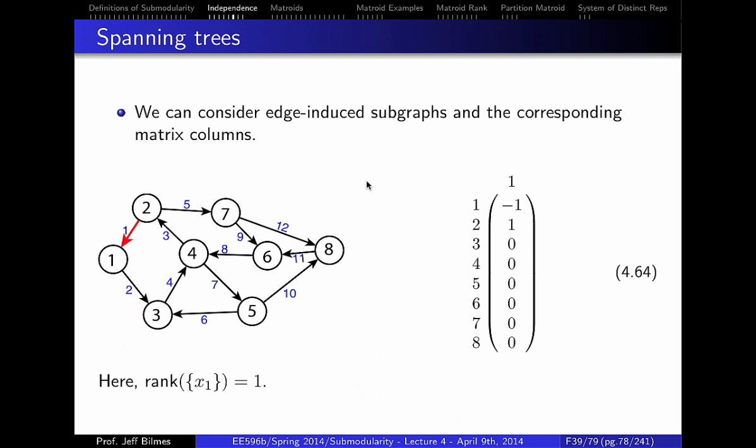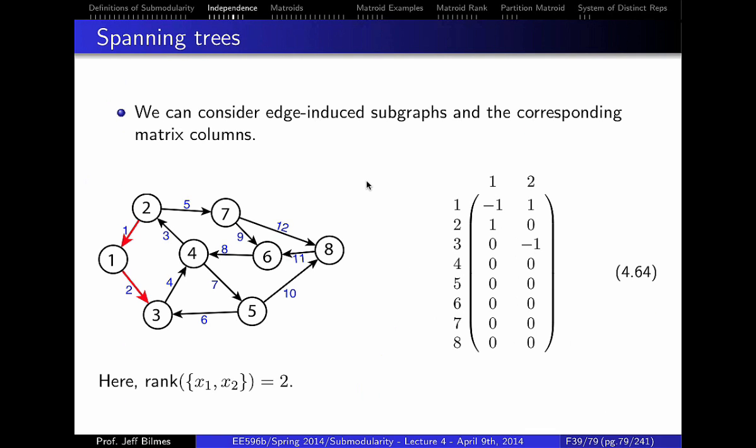So if we take one particular edge, which is edge 1, which corresponds to column 1, we see that the rank of the space spanned by this one column is 1, and then the spanning tree of this one edge is 1. Right? If we take columns 1 and 2, which corresponds to edge 1 and 2, which I don't know if you can see them very well, but it's these two, then the rank is 2, and the spanning tree corresponding to those two edges is 2.